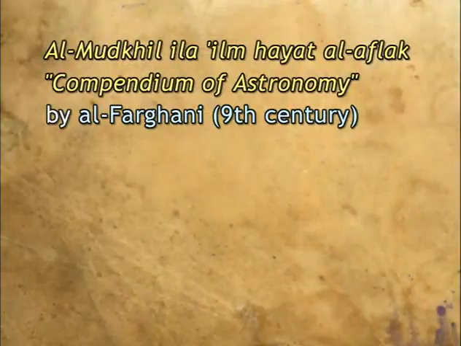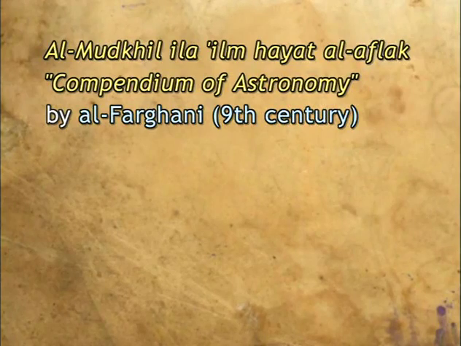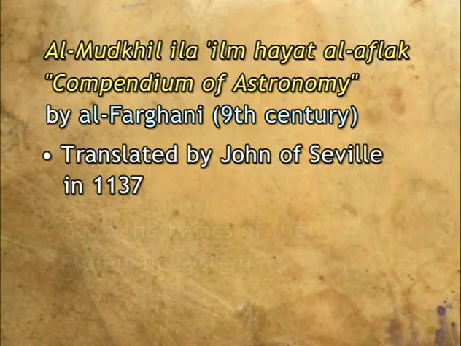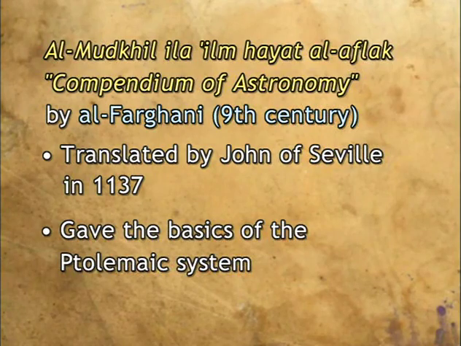The first popularizing text, by popularizing I mean a text that isn't extremely mathematically technical, in medieval astronomy was one written by Al-Farghani in the 9th century, translated by John of Seville, one of those early Mozarab translators, in 1137. It gave the basics of the Ptolemaic system.